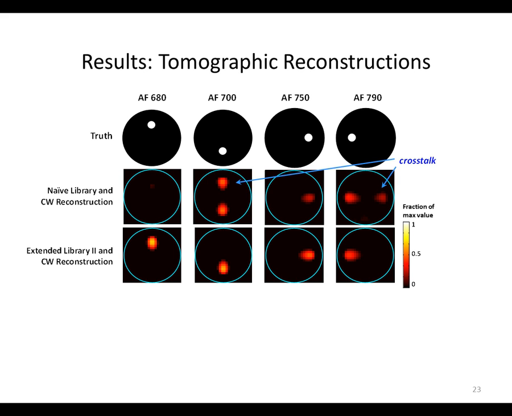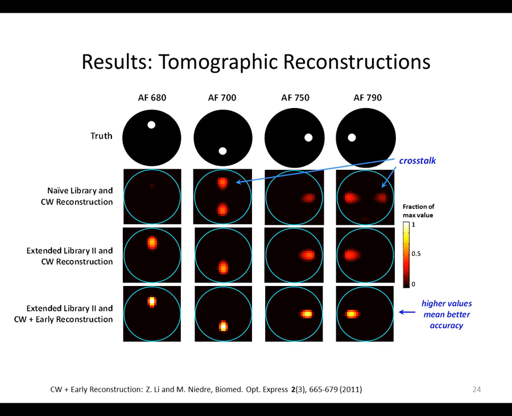These two are CW reconstructions. If we take into account a number of different time gates, using an approach like one we've published in our group before, then we get even sharper reconstructions and even higher values. So it's great that when we do this demixing, we still have all of this temporal information available to us that we can then utilize to get better tomographic reconstructions.